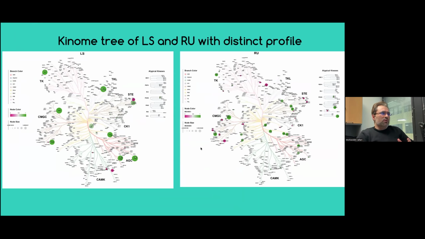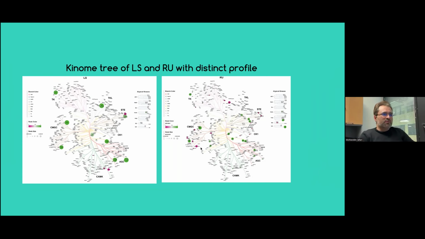Also, we focus on the kinome tree, and we saw that there are two different kinome profiles in the case of combinations and the single drugs, and these two combinations are also a little bit different from each other in the kinome profile.